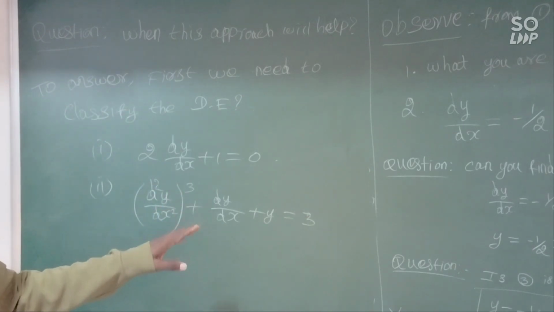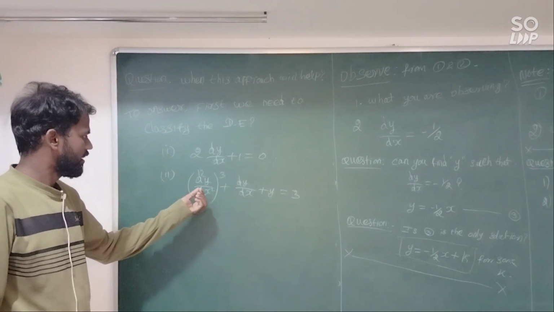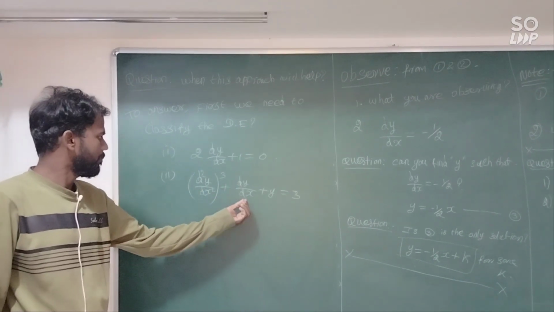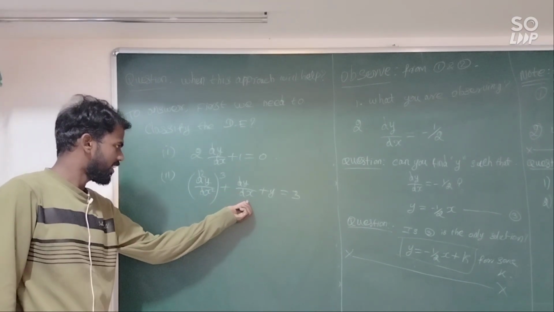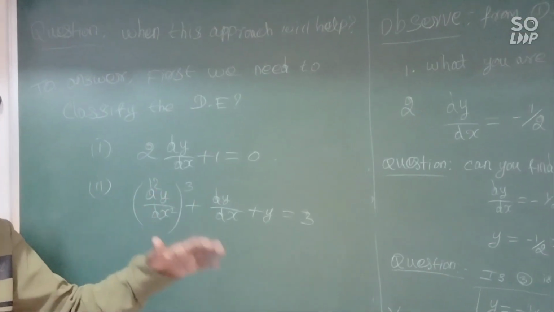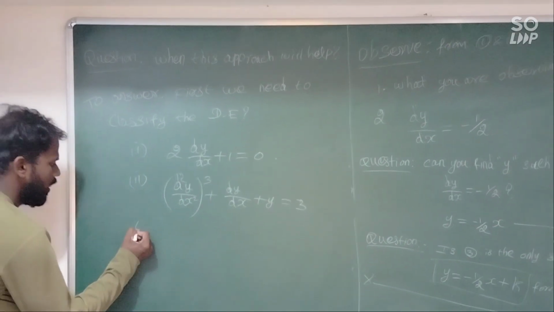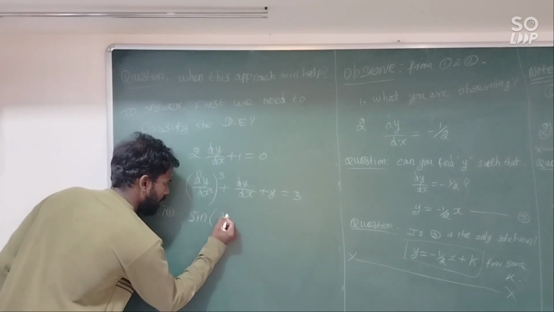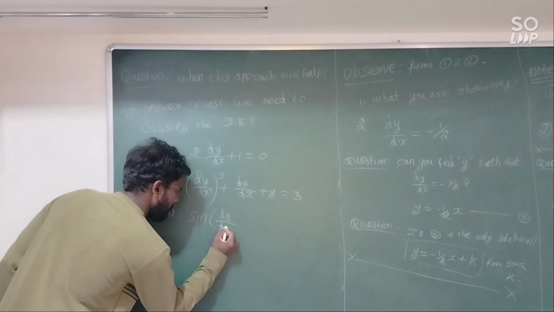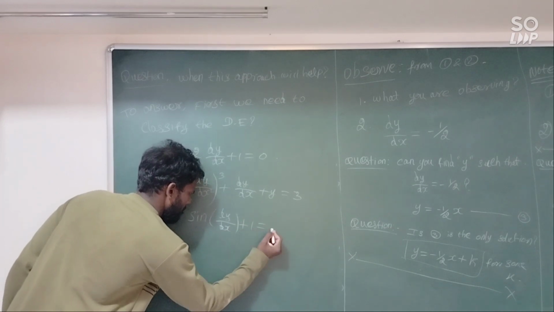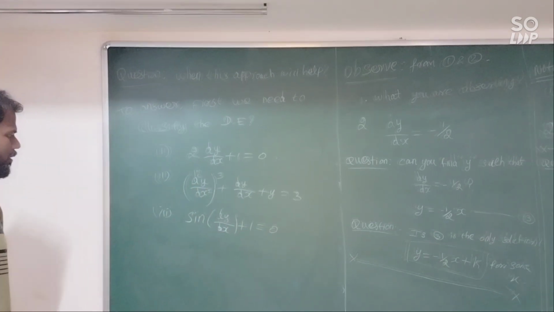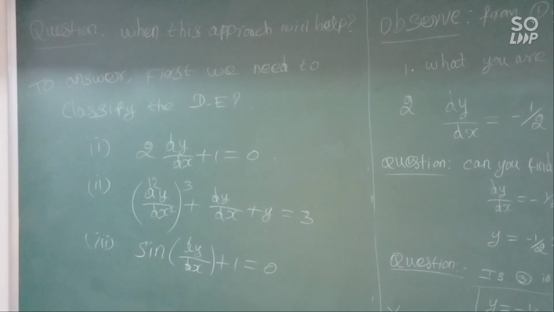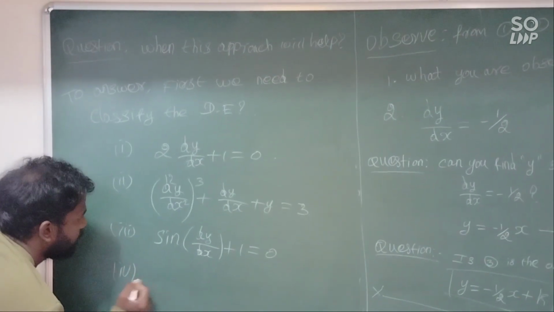Why? Because a differential equation means it is an equation involving some derivative. It could be first order derivative, second order derivative, or any other derivative. Or else sine, okay, this is done, or even more general you can put it.